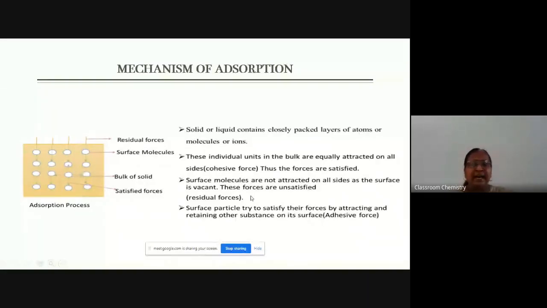We say that these are the residual forces. या अनसॅटिस्फाईड फोर्सेसलाच आपण काय म्हणतो, रेसिड्युअल फोर्सेस.